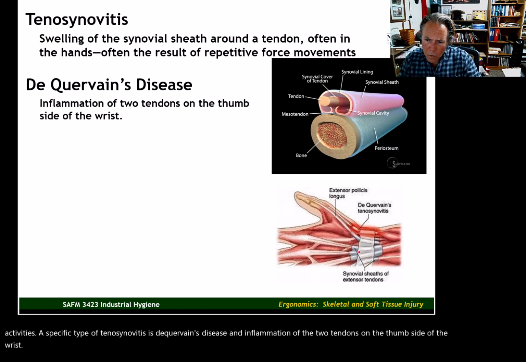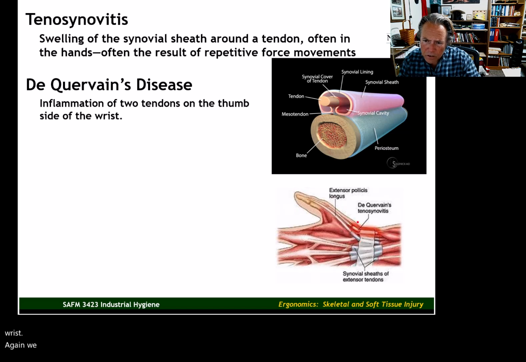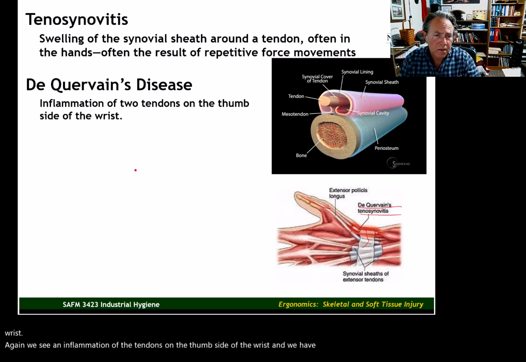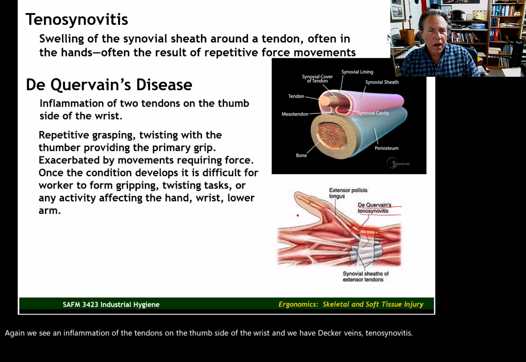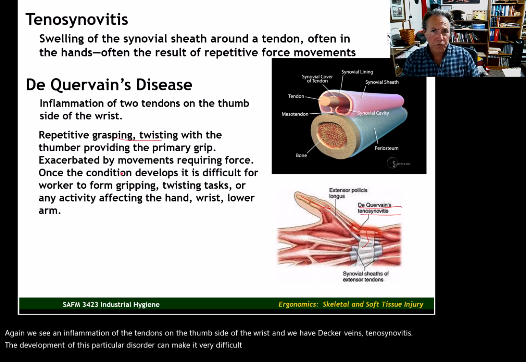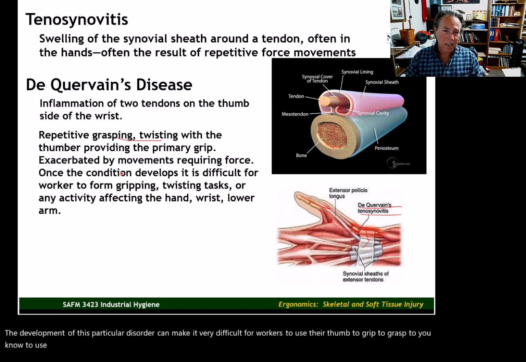Again, we see an inflammation of the tendons on the thumb side of the wrist, and we have de Quervain's tenosynovitis. The development of this particular disorder can make it very difficult for workers to use their thumb, to grip, to grasp, to use their thumb as it's intended to be used.